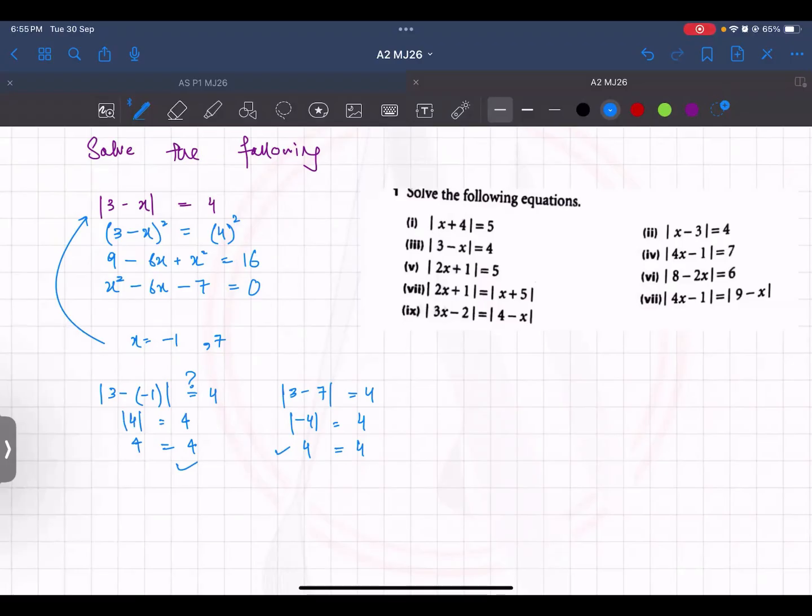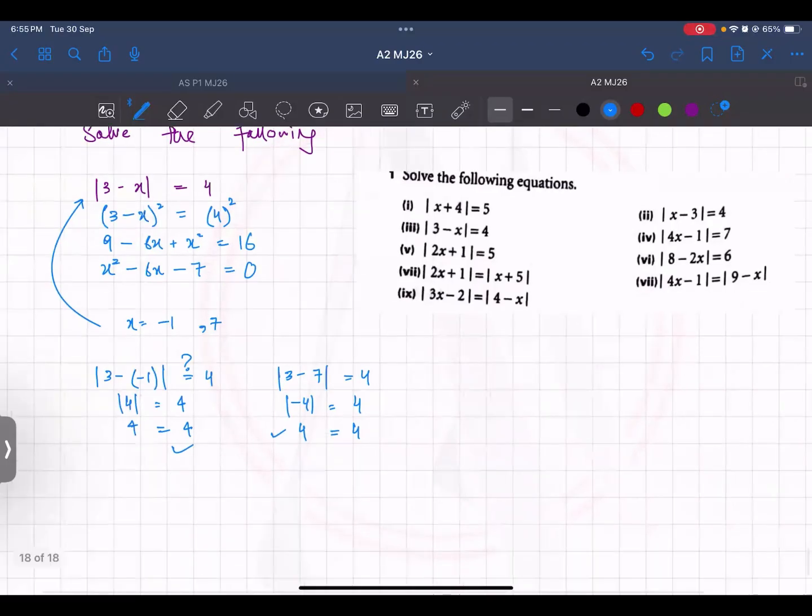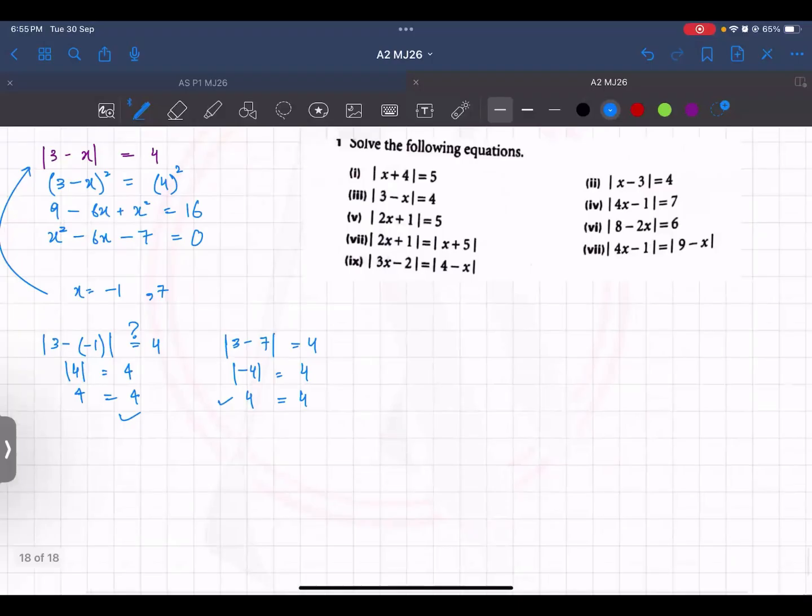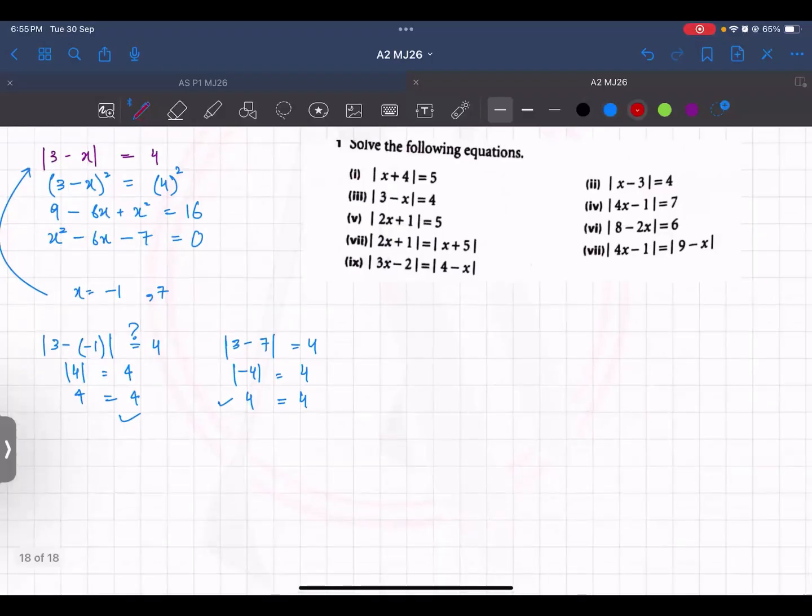Whatever solution you get, you can put it back into the question and see if it is satisfied or not. Let's suppose this one: |2x + 1| = |x + 5|. What would you do? You would square on both sides: (2x + 1) whole square and (x + 5) whole square.